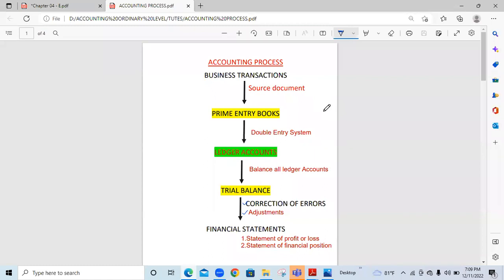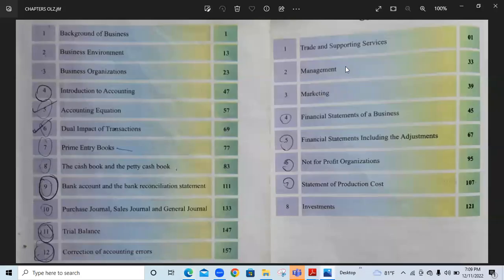Where do you study prime entry? From chapter 7 to chapter 10, you will study everything about recording transactions in prime entry books.